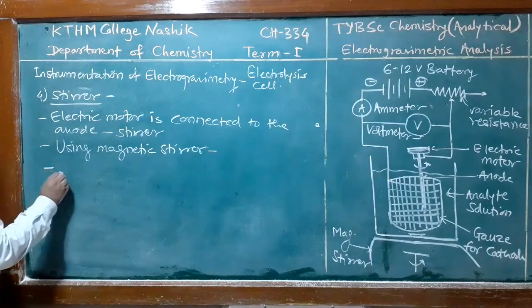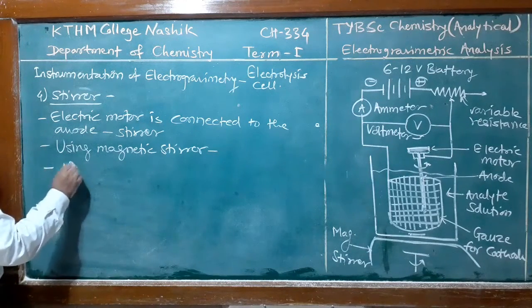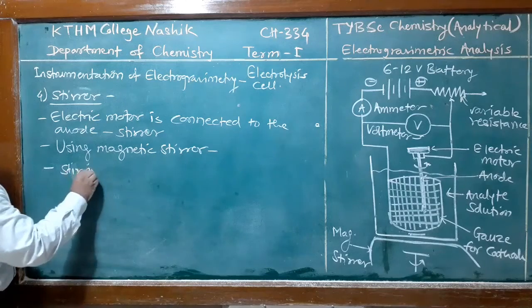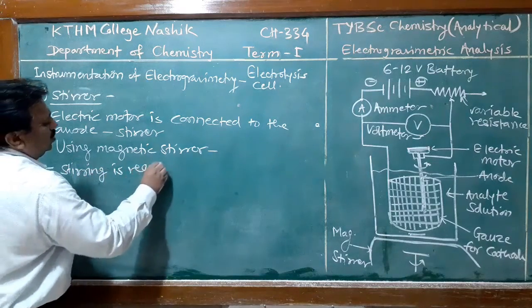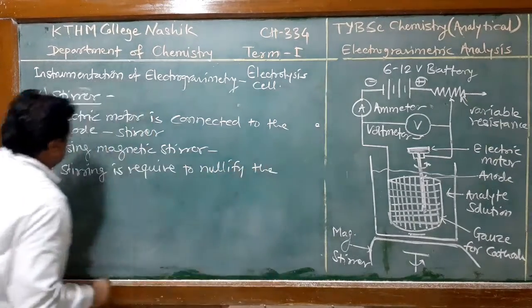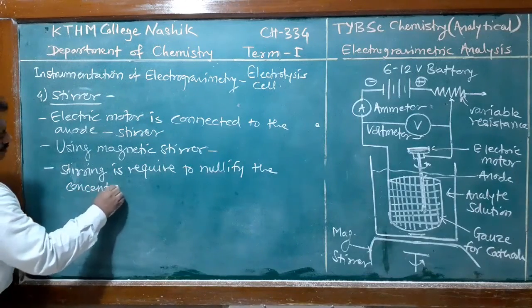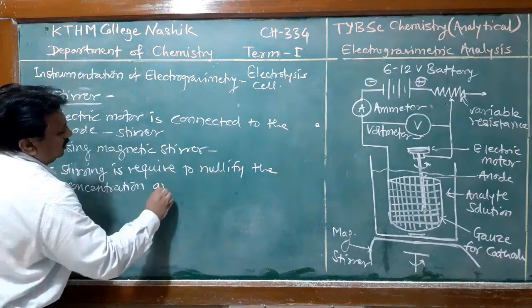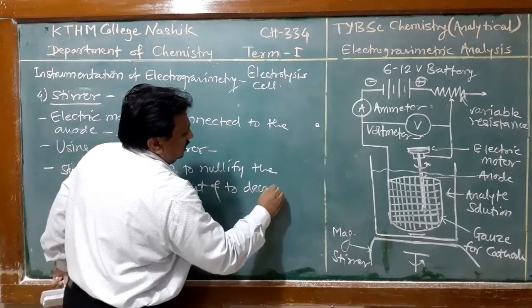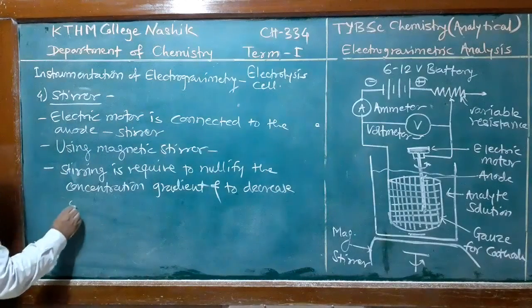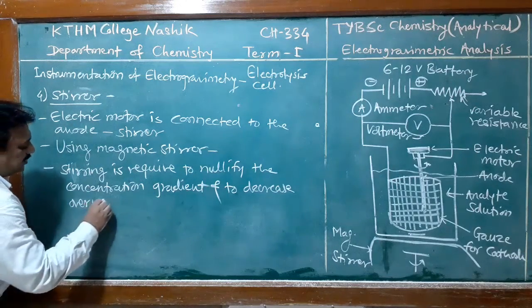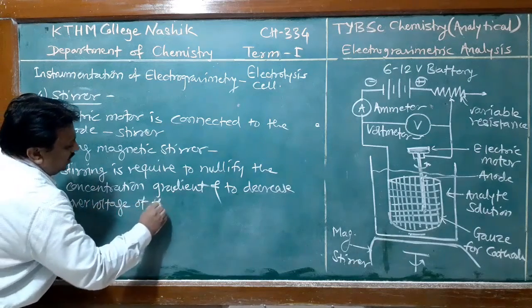Stirring is required to nullify the concentration gradient and to decrease the overpotential or overvoltage of the electrode.